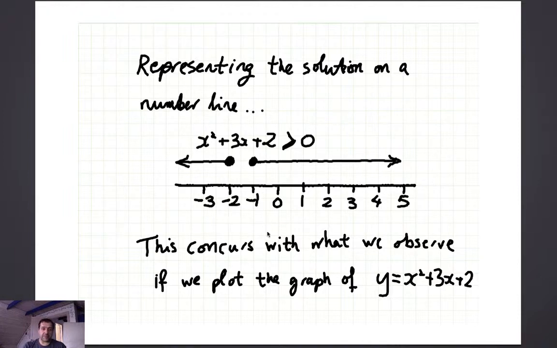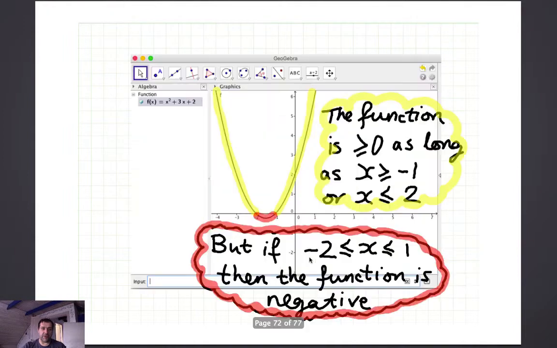And then I've written that this concurs with what we observe if we plot the graph of y equals x squared plus 3x plus 2. If we plot that graph on GeoGebra, say, then we get a curve that just dips below the x-axis between minus 2 and minus 1.